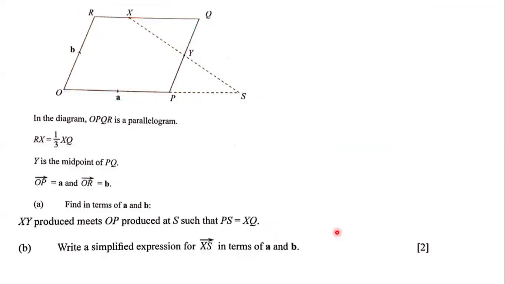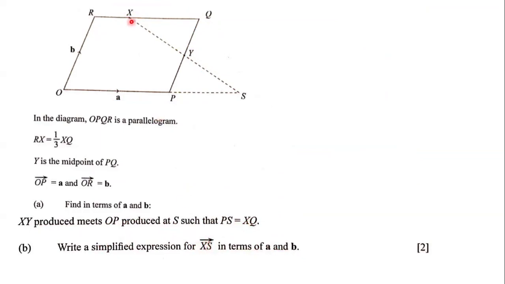Next, we have to move on to this one. It says that XY meets OP produced at S such that PS is equal to XQ. Write a simplified expression for XS in terms of A and B. And so we have to figure out what XS is.